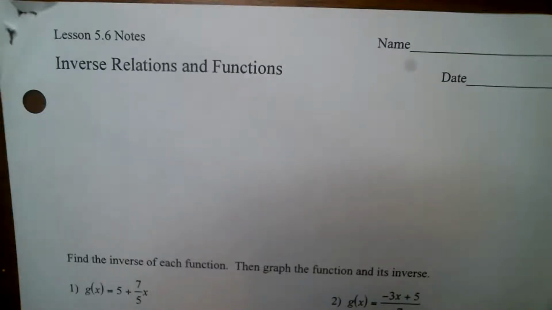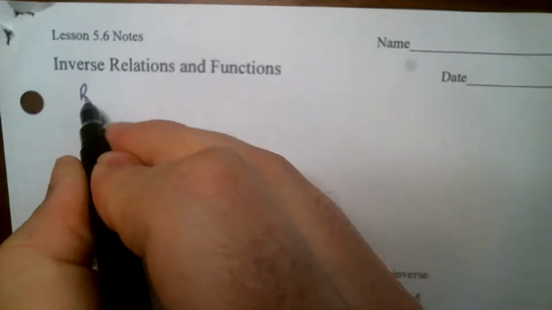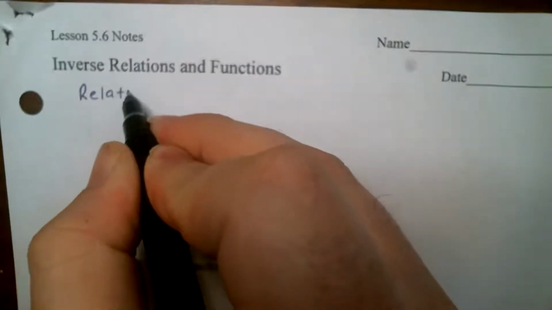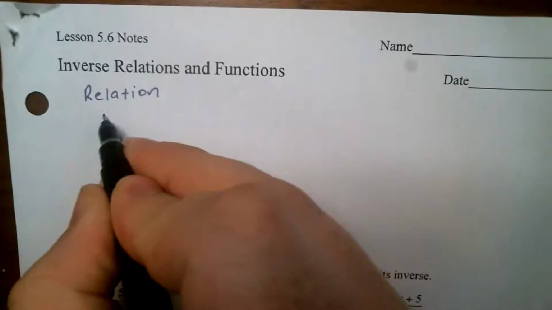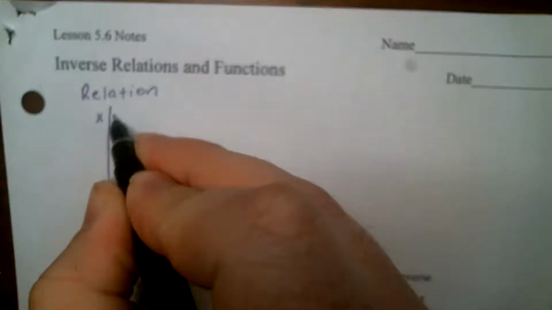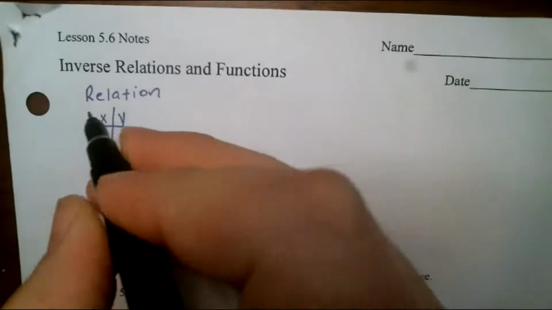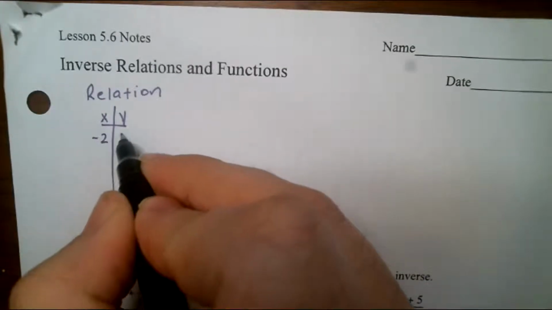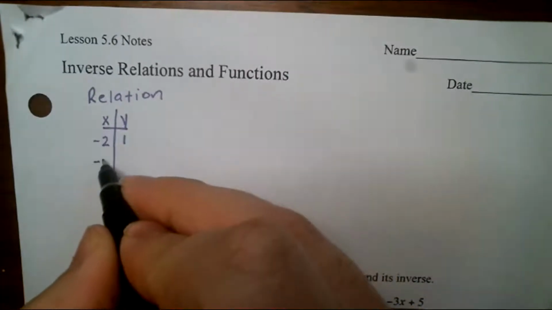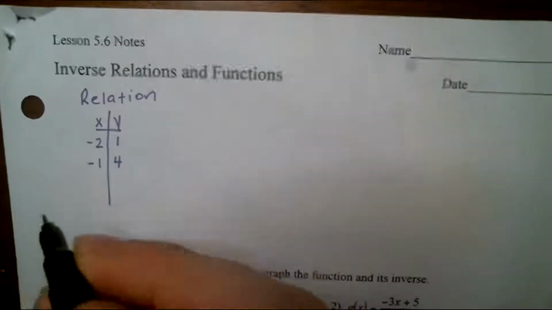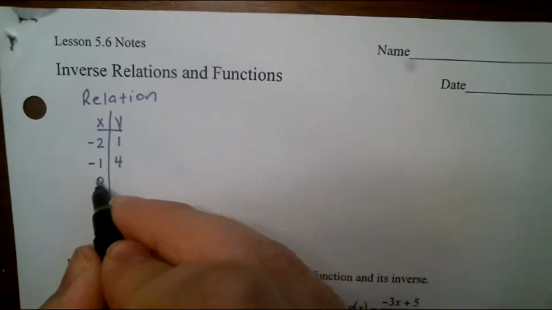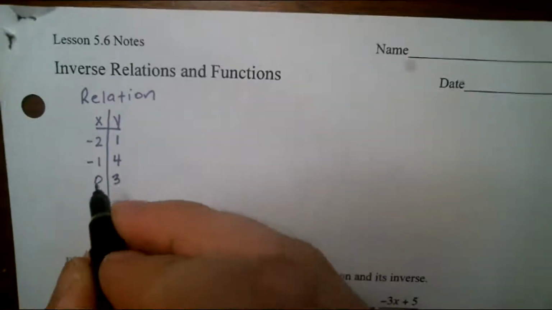A relation is just an XY chart that we're dealing with. An example of a relation would be an XY chart like this: -2, 1; -1, 4; 0, 3; and 1, 1.